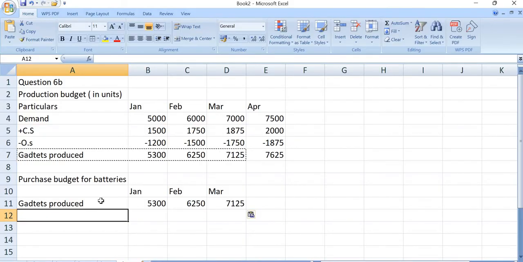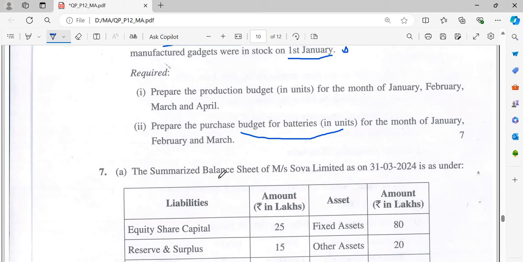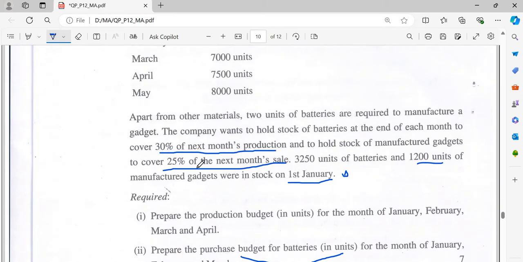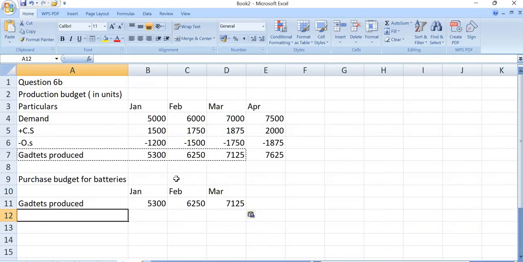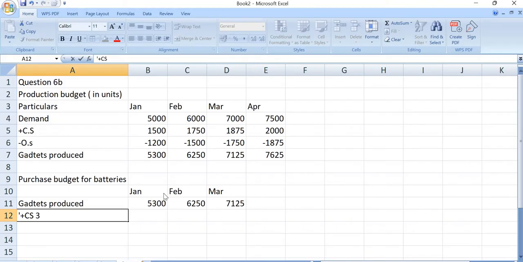One important thing is we need to know that 30% of next month's production is required. For 1 unit of gadget we require 2 units of batteries. We need to keep that in mind. So here my closing stock will be 30% of next month's production.